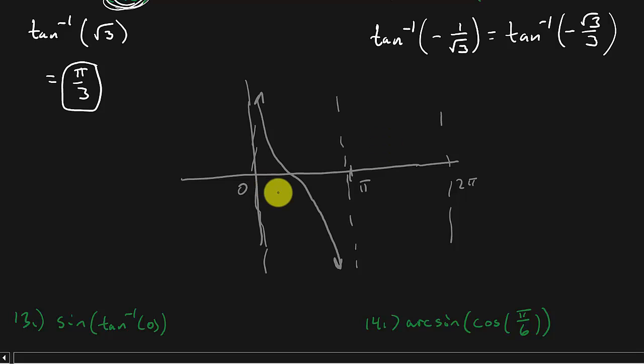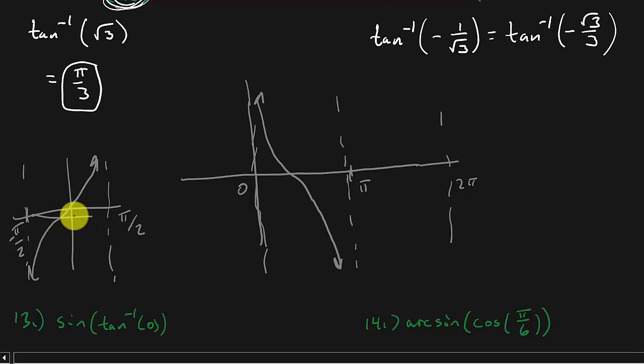Now, remember, when we did tangent, just real quick, let me write it down again. Pi over 2, negative pi over 2, and that was tangent, right? See, we were restricted here between negative pi over 2 and pi over 2. But look at cotangent. It's between 0 and pi. It's kind of like cosine now, right?